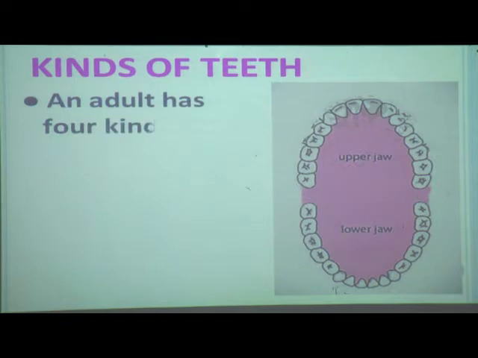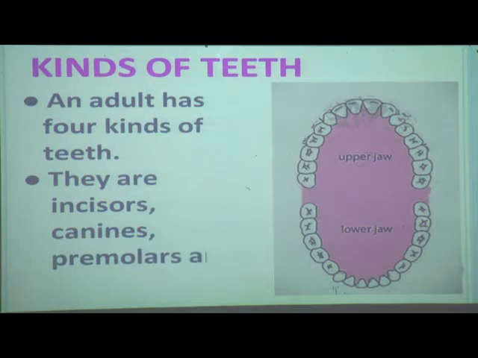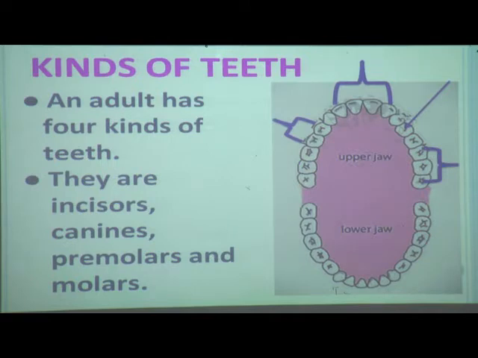An adult has 4 kinds of teeth. They are incisors, canines, premolars and molars. You can see on the board, the first teeth are incisors, then canines, and then premolars and molars.